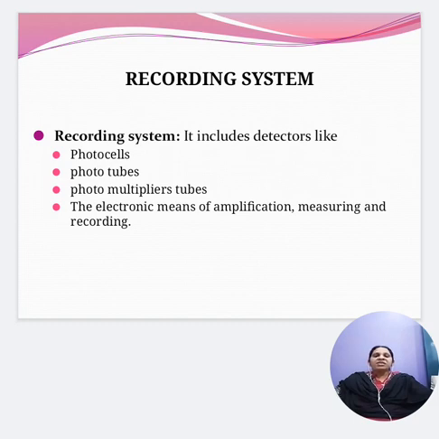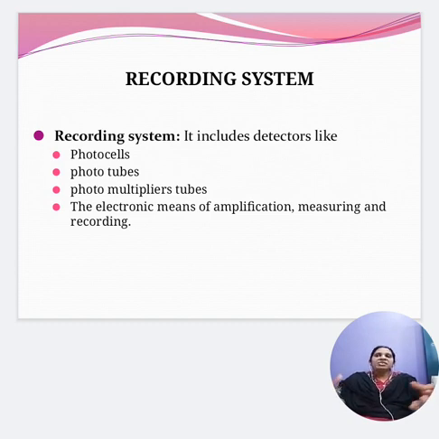The detectors used here are photocells, phototubes or photomultipliers, along with electronic means of amplification, measuring and recording. All these together form the recording system, the data recording or data display system.